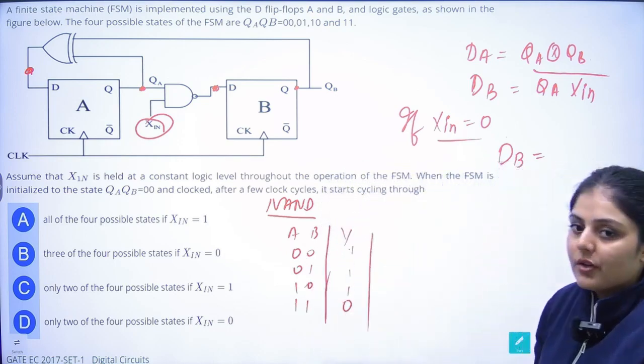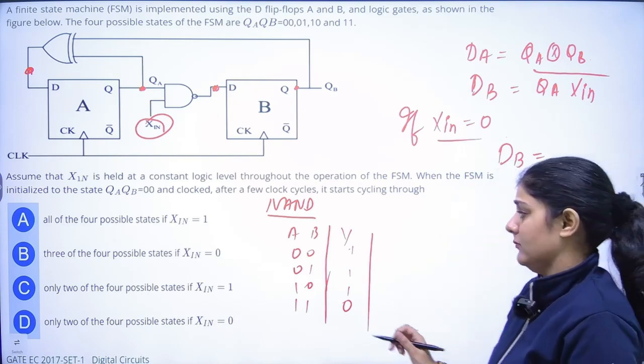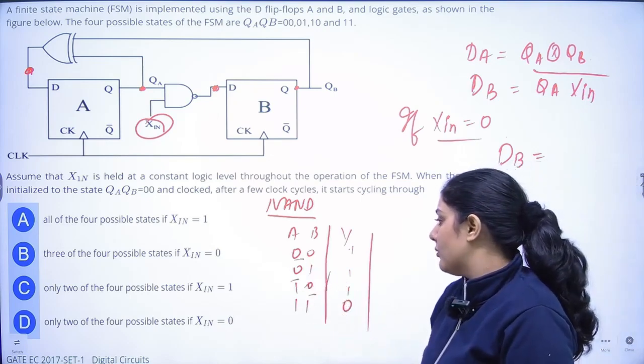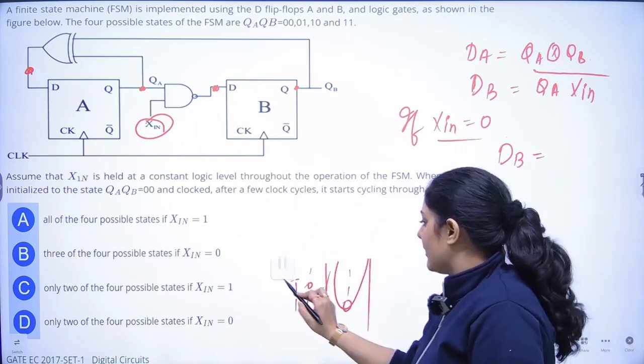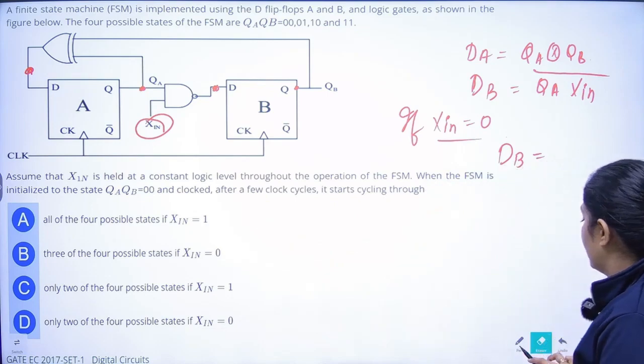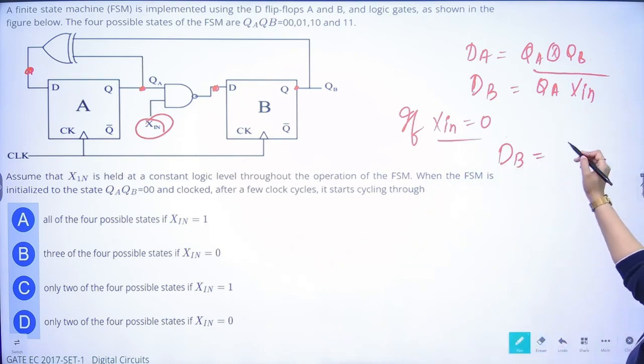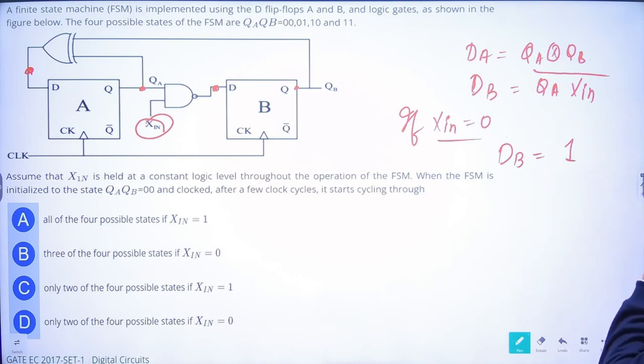This is the output or truth table for the NAND gate. If any of the inputs is 0, the output will always be 1. We should know these small details, of course, right? So DB will be equal to 1 because X in is equal to 0, right?